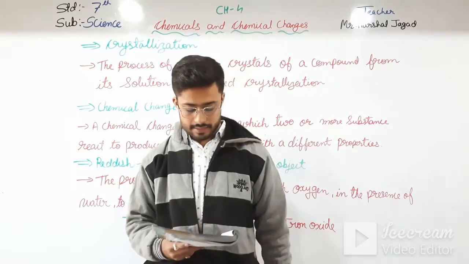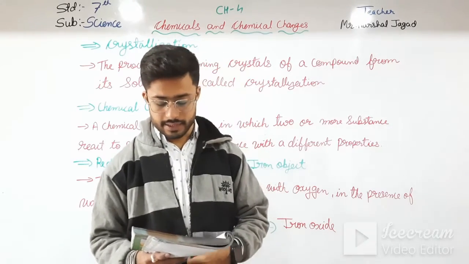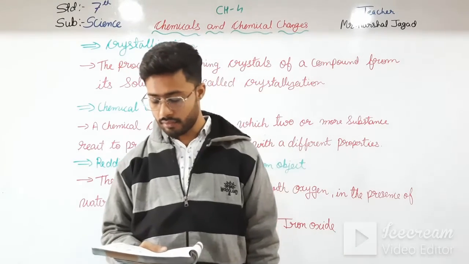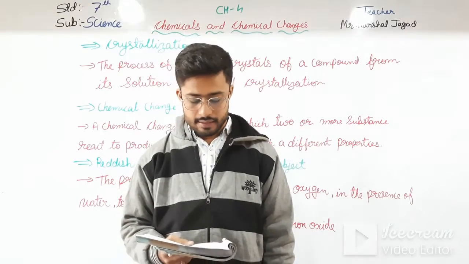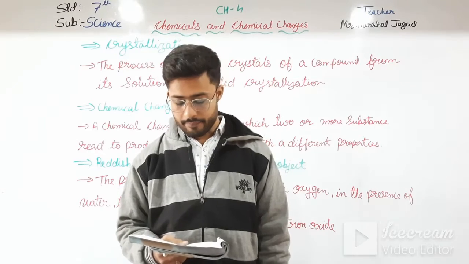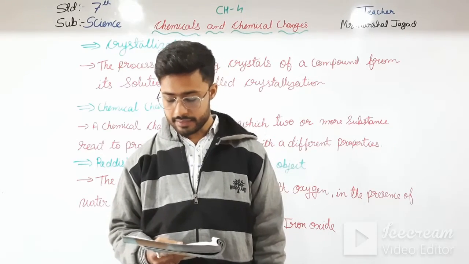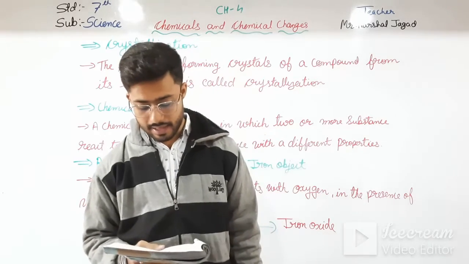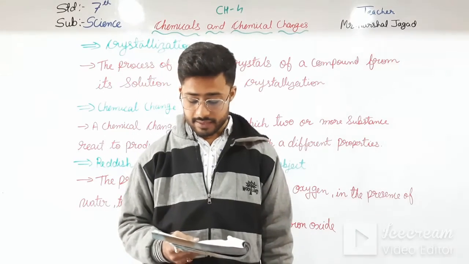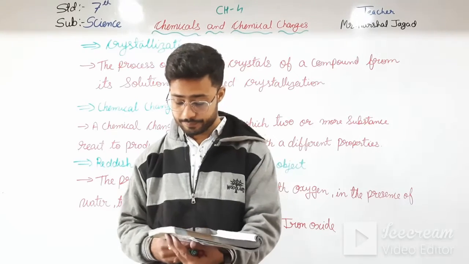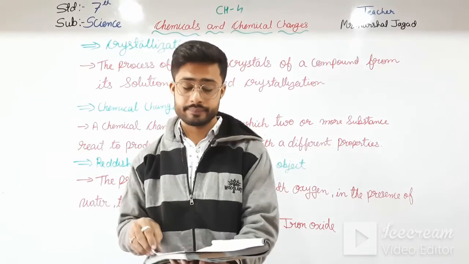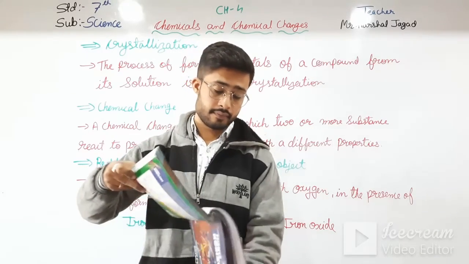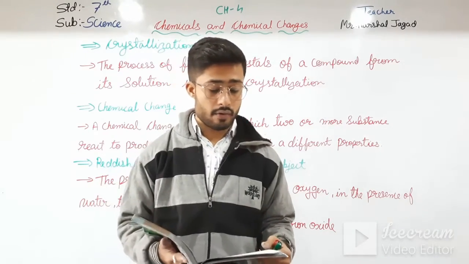See here, certain fruits and vegetables such as brinjals, potatoes and apples turn brown on being cut open and left for some time. This happens because of a chemical reaction between the cut surface of the fruit or vegetable and the atmospheric oxygen. The product of this reaction is melanin, which is a brown pigment.